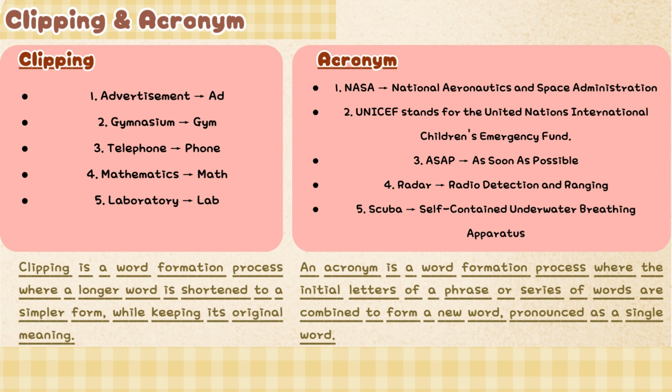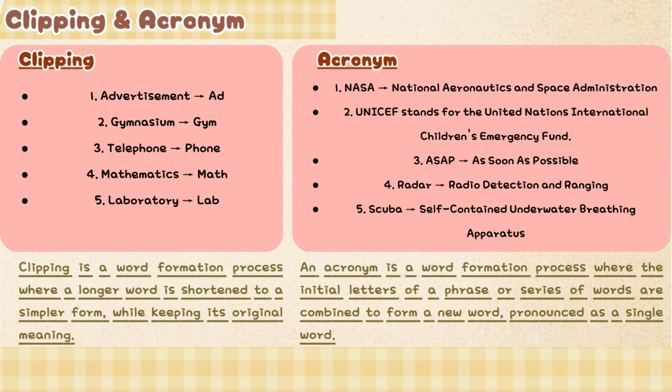UNICEF stands for the United Nations International Children's Emergency Fund. Radar comes from radio detection and ranging. Acronyms simplify long phrases into shorter words, and many of them have become so common in our daily and professional language, especially in technical or organization-based contexts.